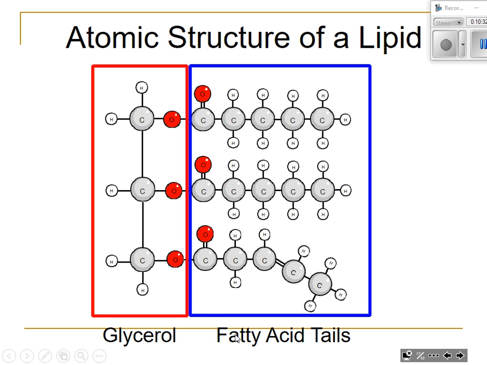Okay, these are fatty acid tails. So these are three different fatty acid tails right here. This has a common name that we call triglyceride. Have you ever heard of triglyceride? This is the common name for this particular structure.